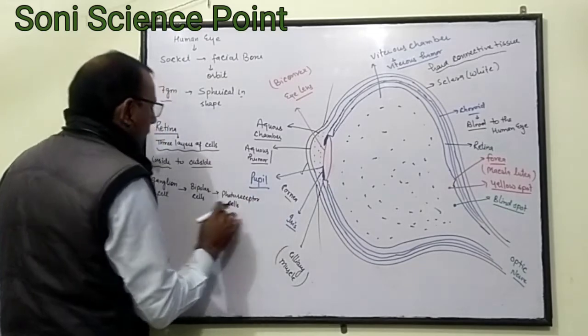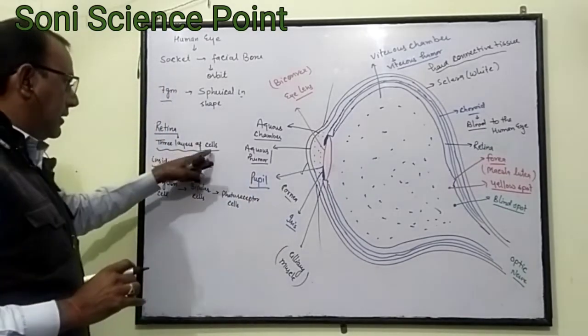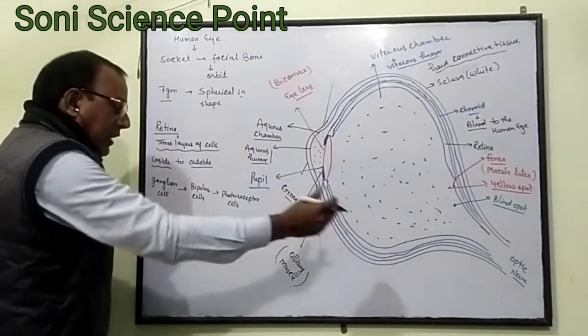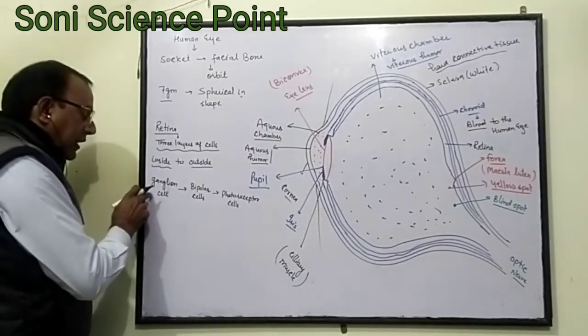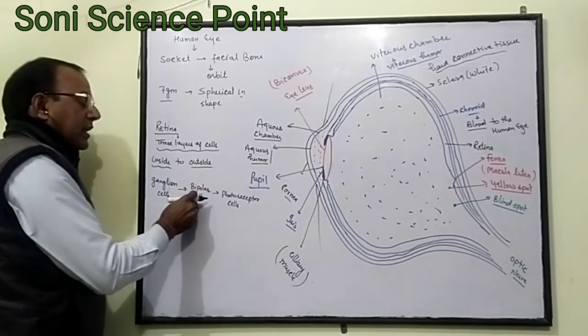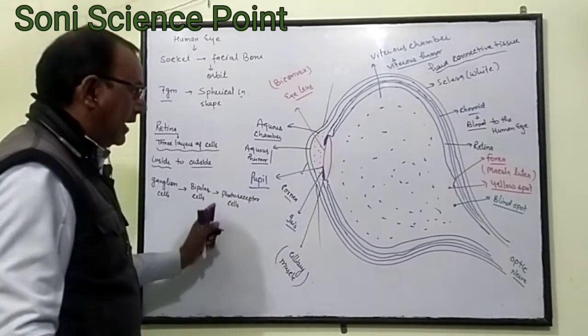So the retina is made up of 3 cell layers. It means the ganglion cells are inside, the bipolar cells in the middle, and after that the photoreceptor cells.